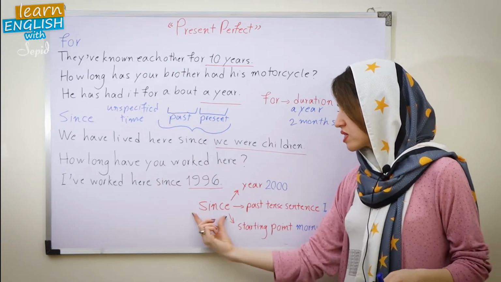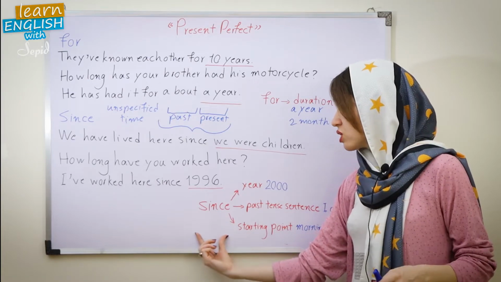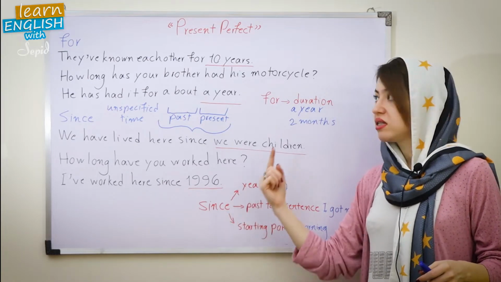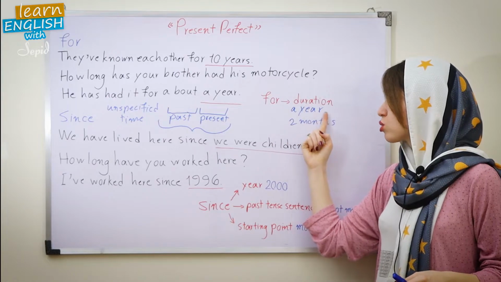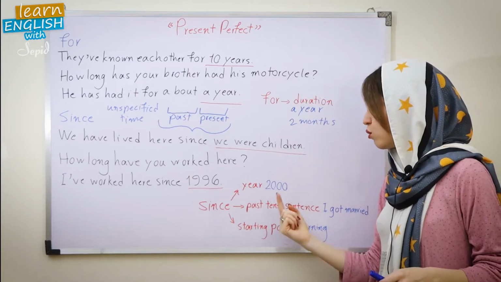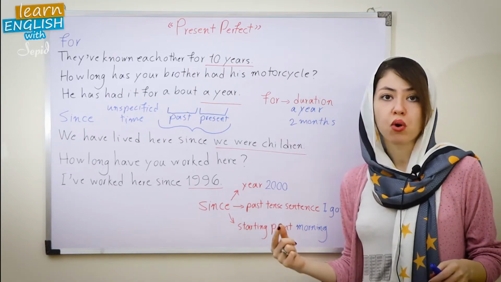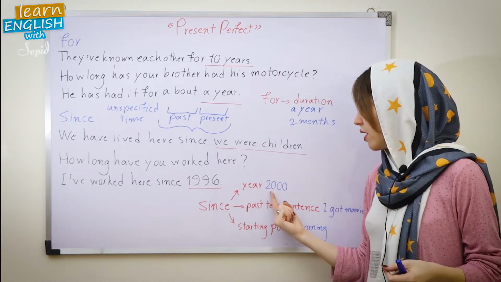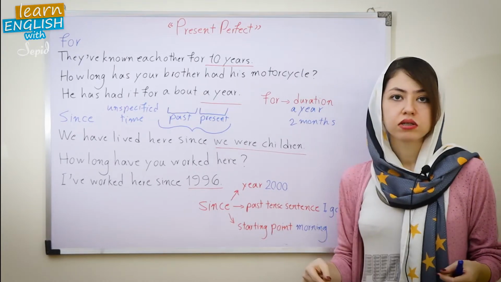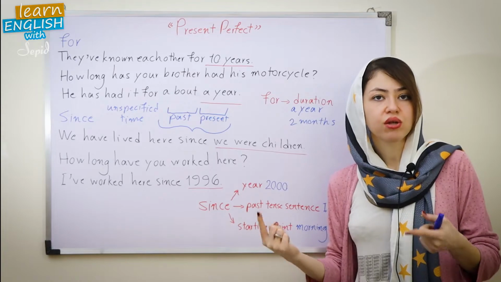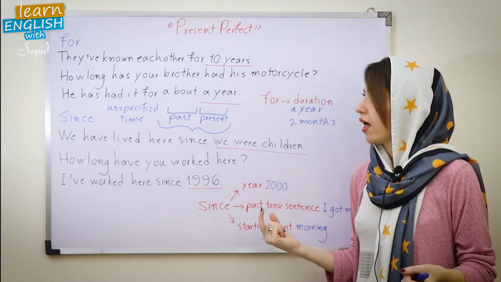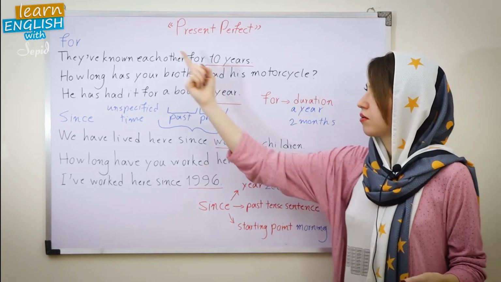If you want to use since, you should use it differently. If you talk about the duration, you can use for. If you want to talk about the starting point, for instance, 2000, okay? Since 2000. Okay, we can replace it here.